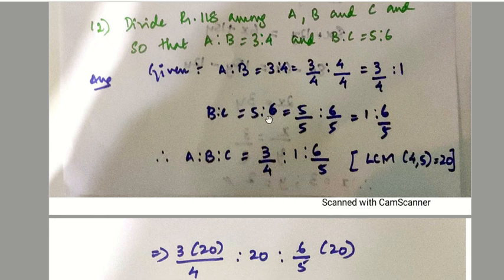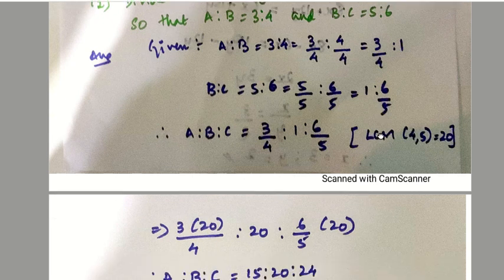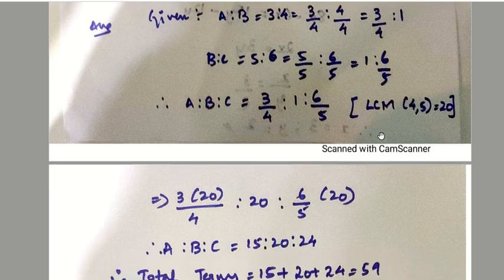And B, the same way, 5 is to 6, so 5 by 5, because your B needs to be common. 5 by 5 is to 6 by 5, which is equal to 1 is to 6 by 5. Therefore A is to B is to C is equal to 3 by 4 is to 1 is to 6 by 5. So the LCM of 4 and 5 is 20.